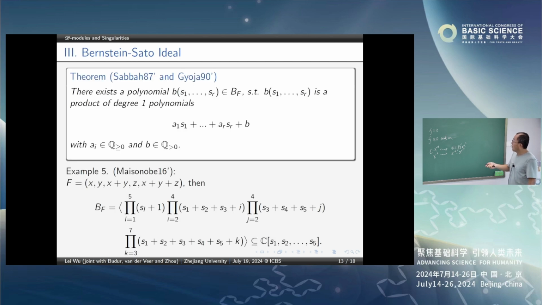Okay, so now we have this Bernstein-Sato ideal. In the one-variable case, if we have just one polynomial, we know this Kashiwara-Malgrange result that the roots calculate some topological data. So we want to know if in this higher, multivariable case, similar things will happen.